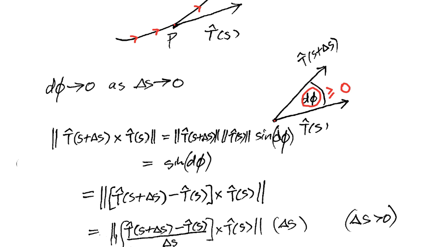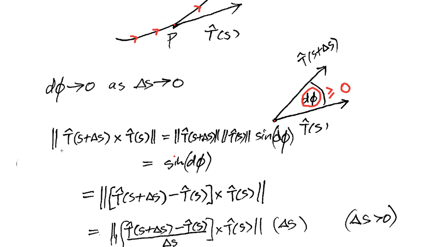Well, the sine can't differentiate between the sine of phi and the sine of pi minus phi, right? So that's why we generally don't use the sine to find the angle between vectors. We use instead the cosine and the dot product. But anyways, I'm going to make an exception here because I know d phi is getting really small as delta s is going to 0.